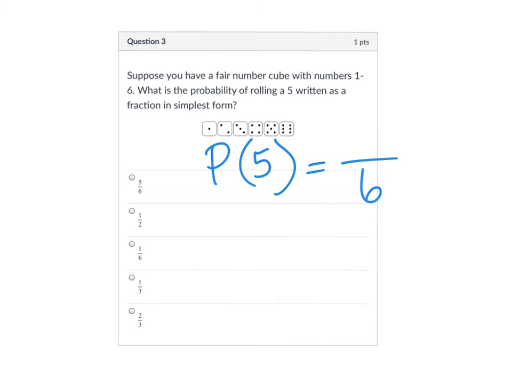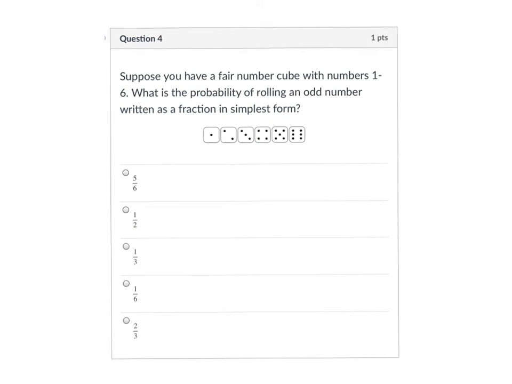Then I need to see how many 5s there are out of those 6 possibilities. On a regular number cube, there's only one 5 out of the 6 outcomes, and so the probability is 1/6.